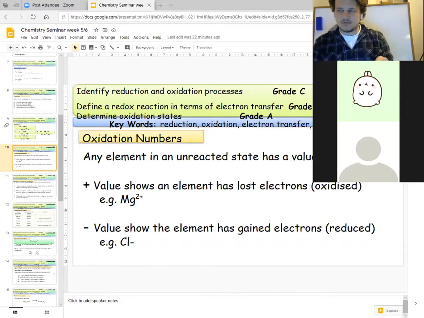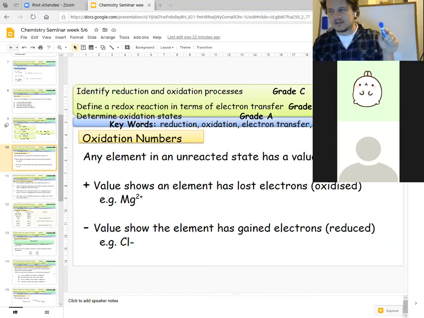So, oxidation number refers to, if it's 0, then it hasn't lost or gained any electrons. If it's positive, it means it's given away some of its electrons to something else. If it's negative, it's accepted some electrons. The positives will sit on the left, groups 1, 2, and 3, coming over past the transition metals. Groups 7, 6, and 5 will form negative ions, or they will accept electrons.